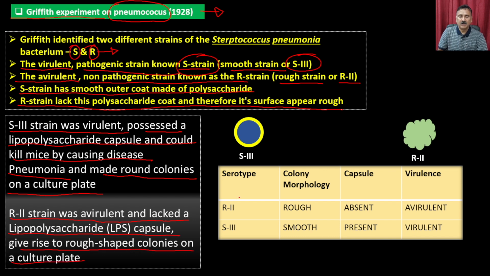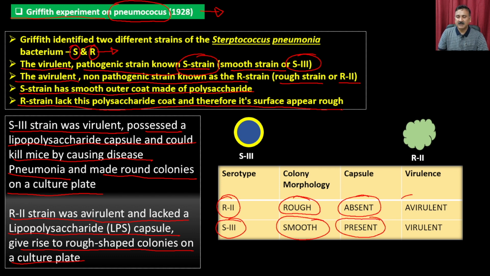So these are some of the properties given. Serotypically it can be R2 or S3, and morphologically the R strain is a rough strain, whereas the S strain is a smooth strain. Then the capsule was absent in the case of R strain, whereas it is present in the case of S strain.